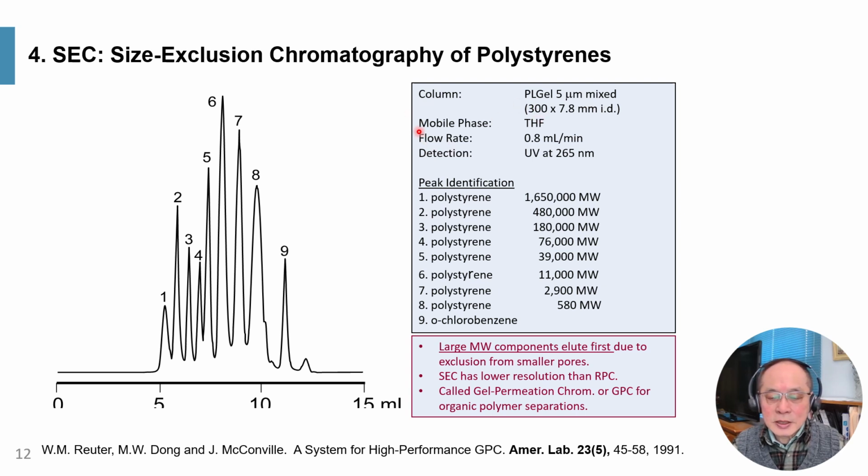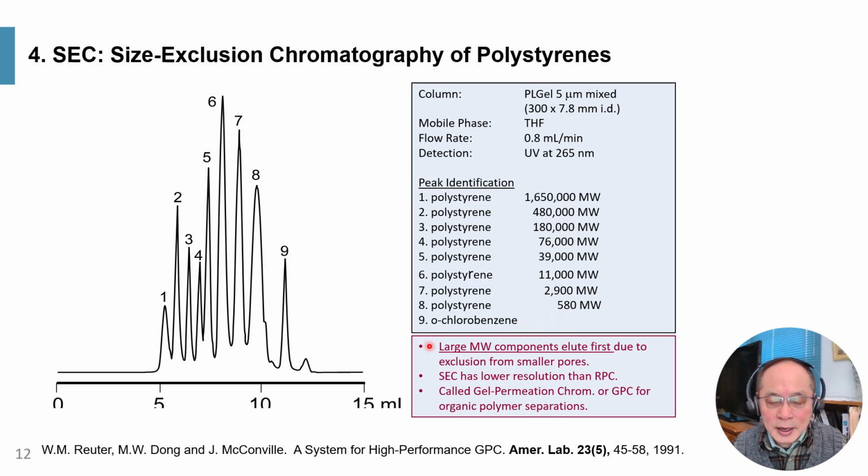Mobile phase is THF, with a flow rate and detection by UV at 265. The sample contains these components, starting with the first one, which is a high molecular weight polystyrene, with some of the polystyrene standards, all the way down to an oligomer with molecular weight of 550.